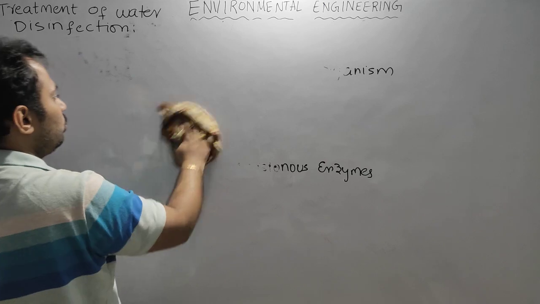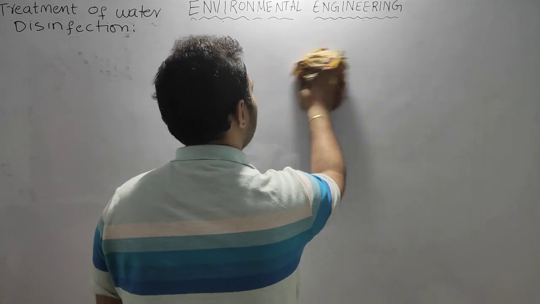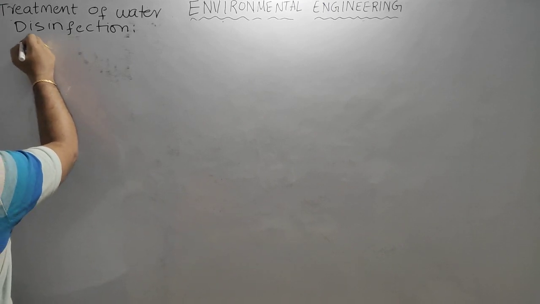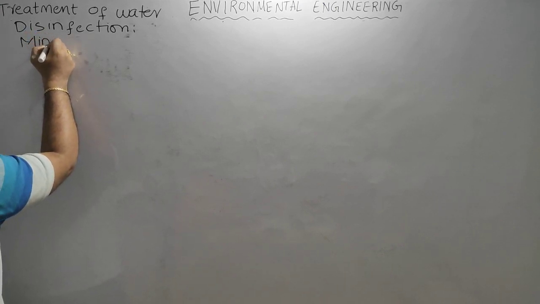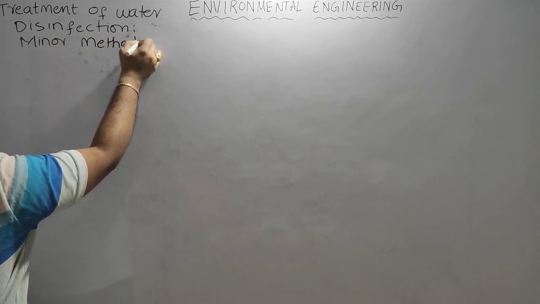Every method we cannot use for bulk water supply. So why we cannot use them for bulk water supply, that we also need to discuss. Now the first one is boiling. These are all minor methods.